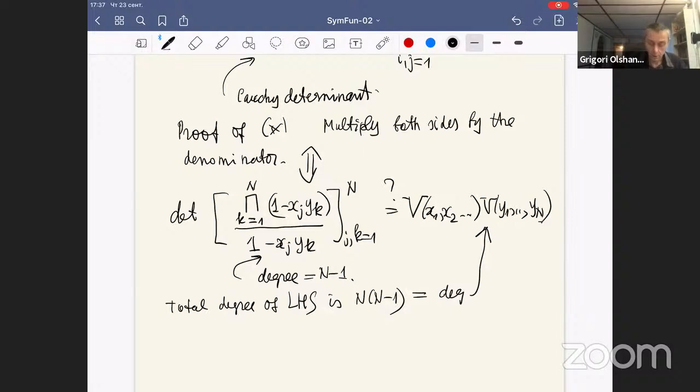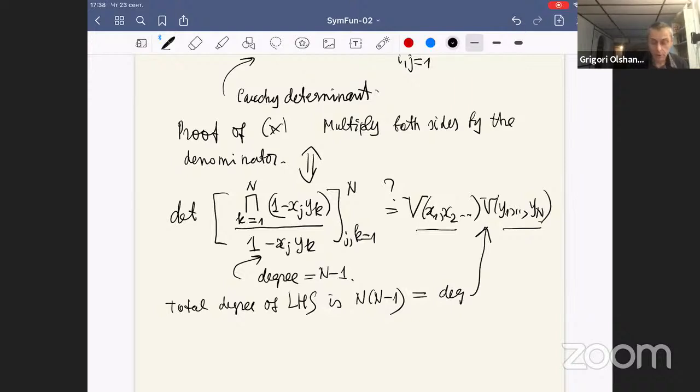Next, the polynomial on the left-hand side vanishes if two x's or two y's are equal. Okay, this is easy to see because two rows become equal or two columns become equal. And this means that it can be divided by the Vandermonde in the x's and the Vandermonde in the y's. And because the degree is the same, they should be equal up to some number factor.